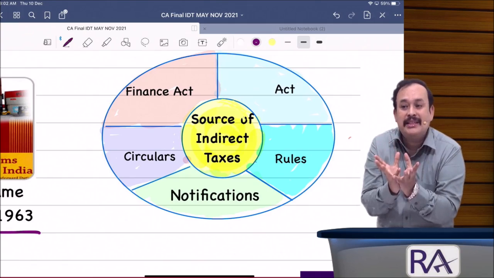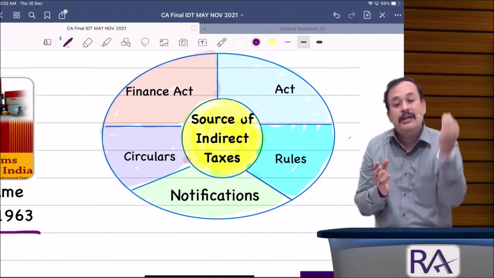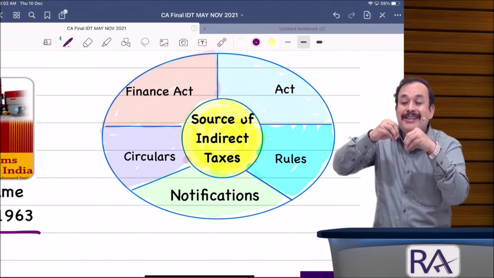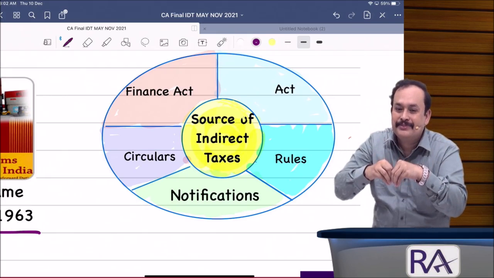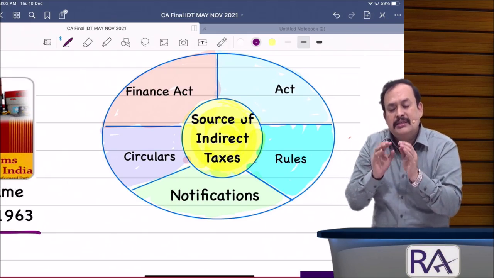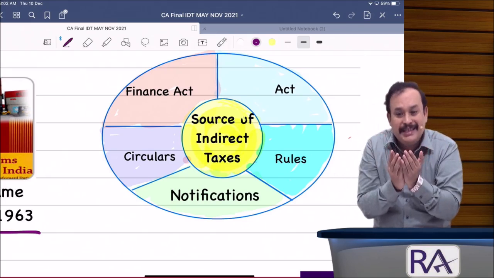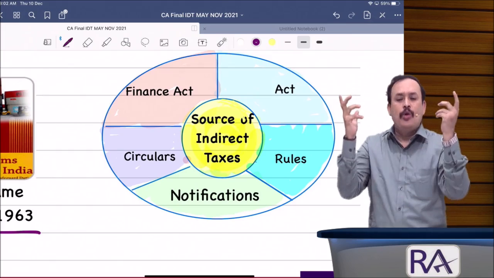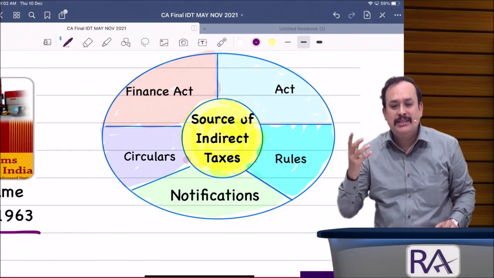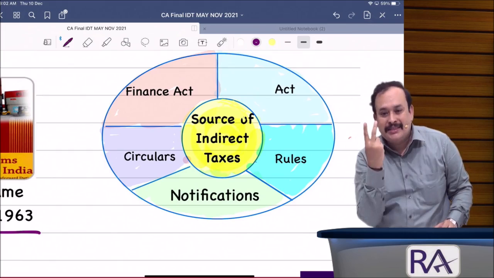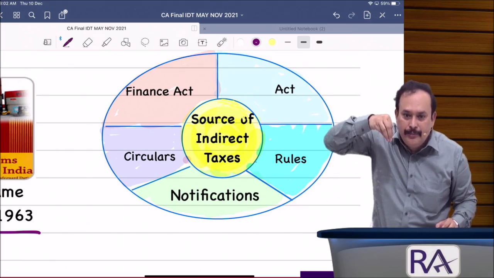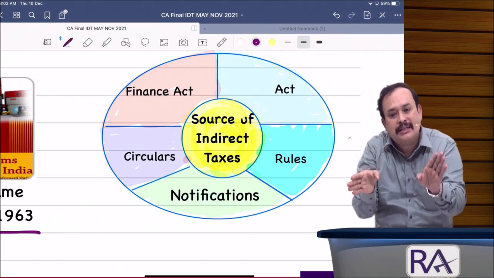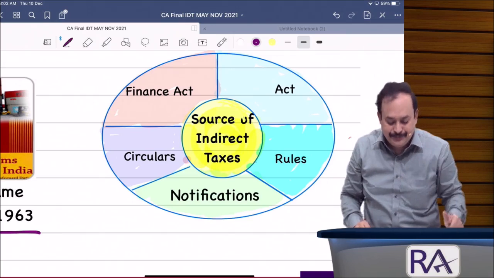Dual taxation means the central government as well as the state government or UT will concurrently levy the tax. Repeating, the GST legislation concept is known as dual tax. Dual tax means two taxes: one levied by the central government, followed by the state government also levying on the same transaction, is called dual taxation.